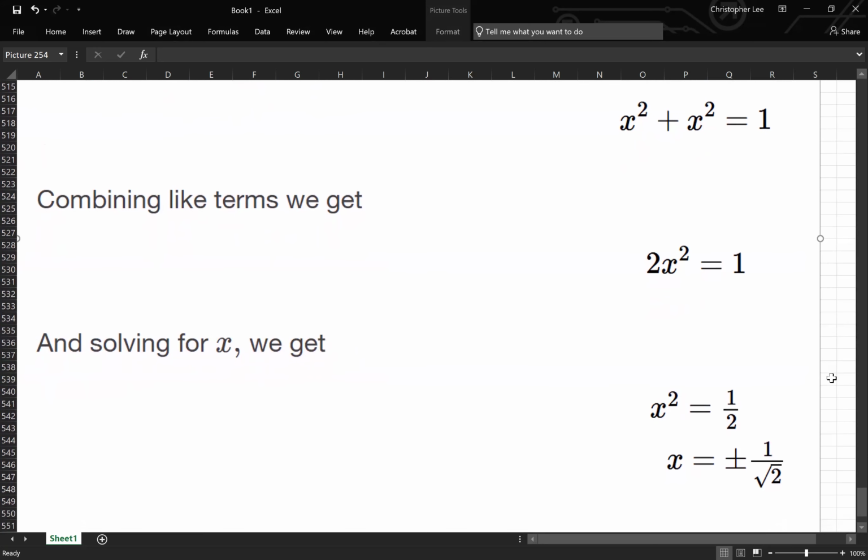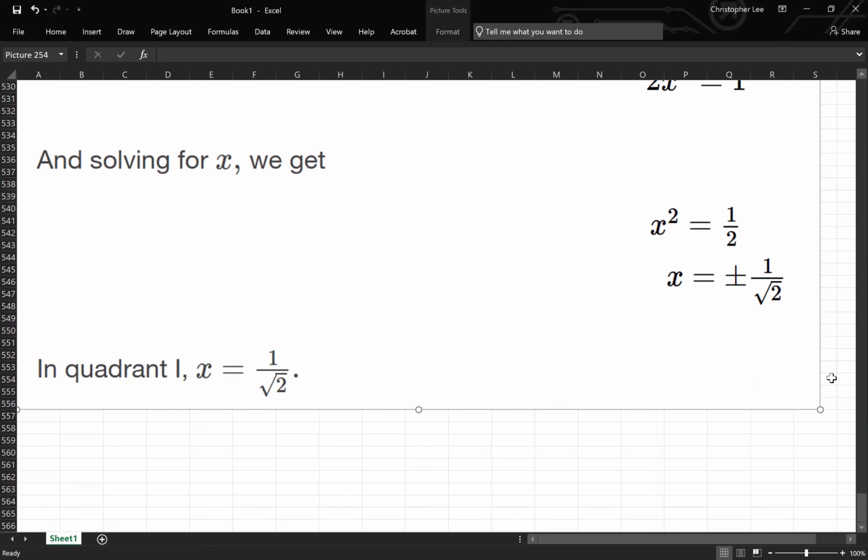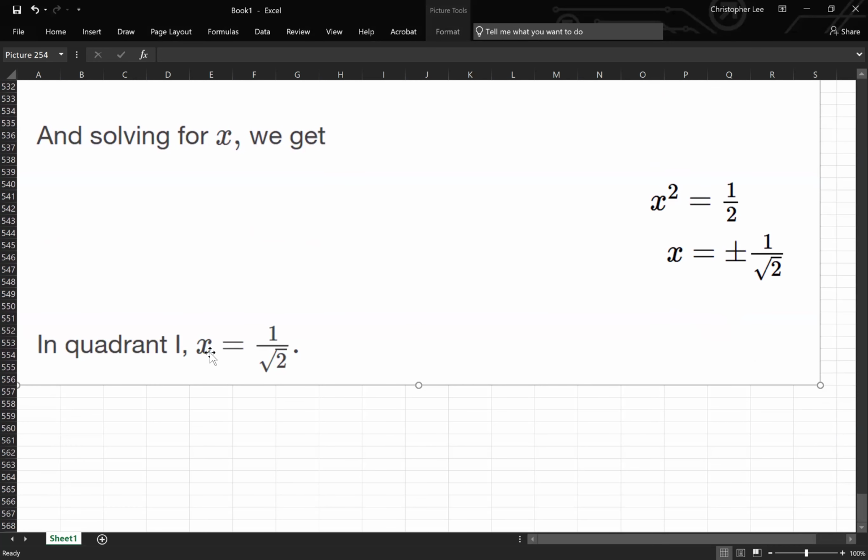Then we just solve for x very simply. Divide by 2, square root both sides. So we get plus or minus 1 over the square root of 2. And then in quadrant 1, x is equal to 1 over the square root of 2. That's it.